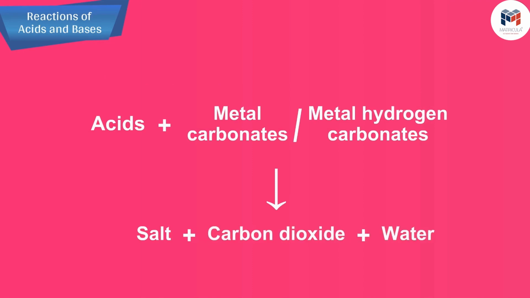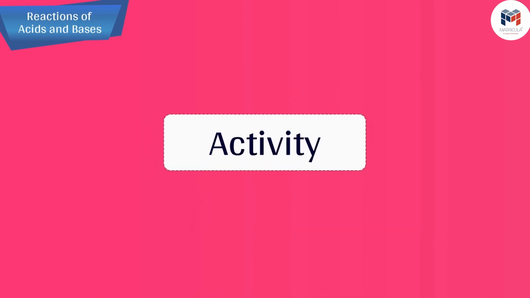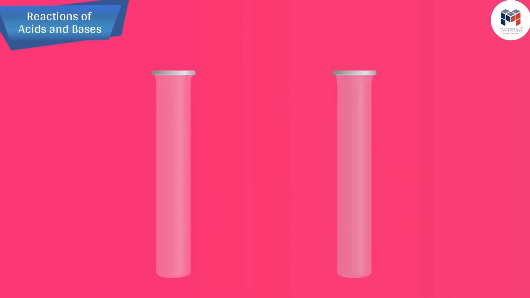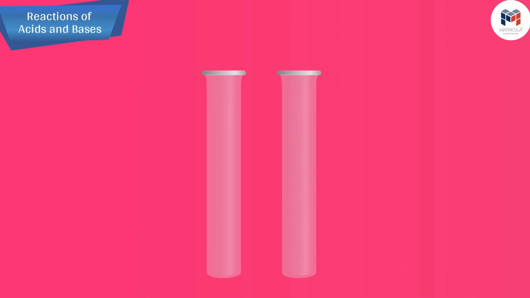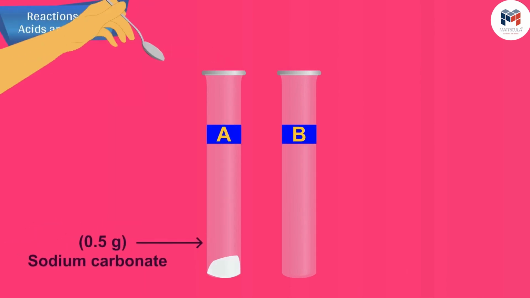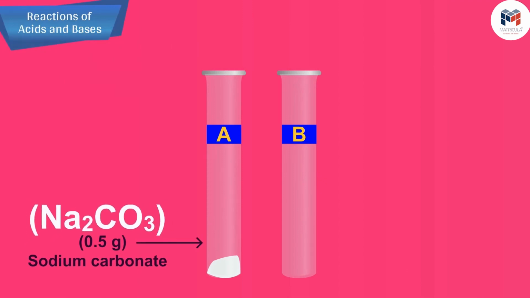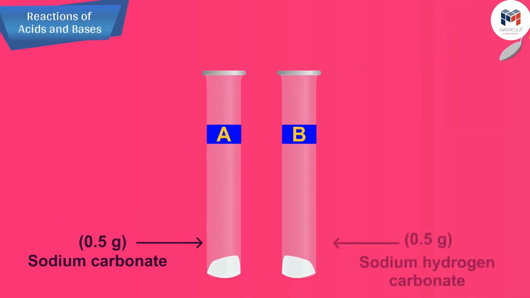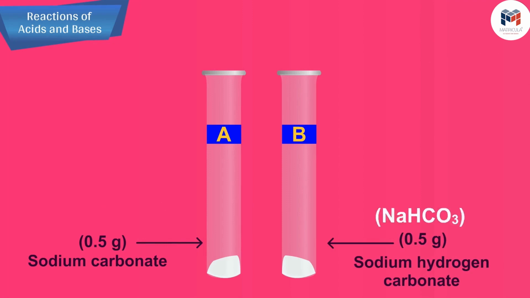Let us understand this by an activity. Take 2 test tubes. Label them as A and B. Take about 0.5 grams of sodium carbonate, Na2CO3, in test tube A and about 0.5 grams of sodium hydrogen carbonate, NaHCO3, in test tube B.